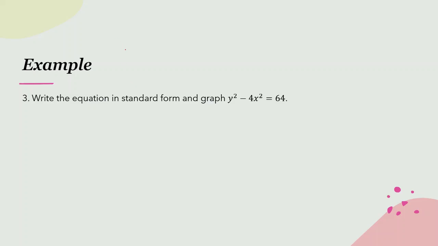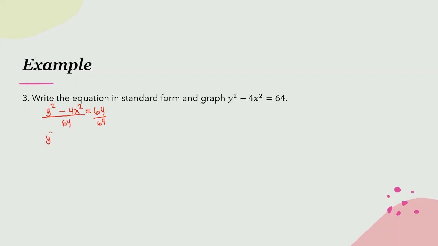Okay, so the last example, we have to write the equation in standard form and graph y squared minus 4x squared is equal to 64. This is not in the standard equation, so we have to change that into standard form. As we know, this is always equal to 1, so we have to divide by 64 on both sides.